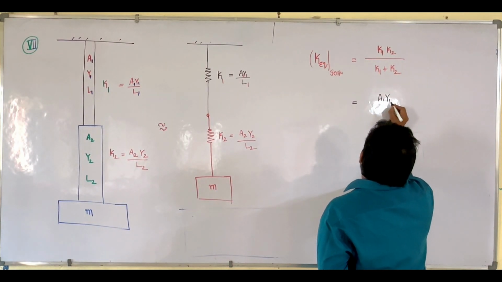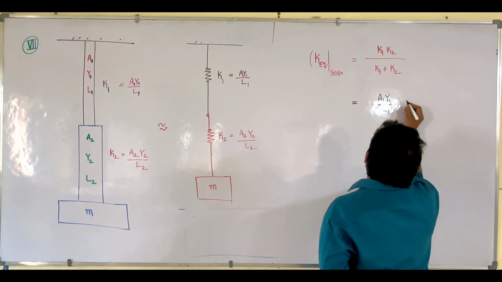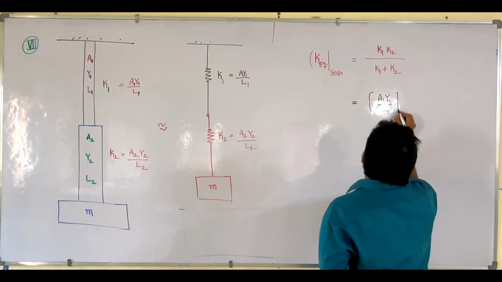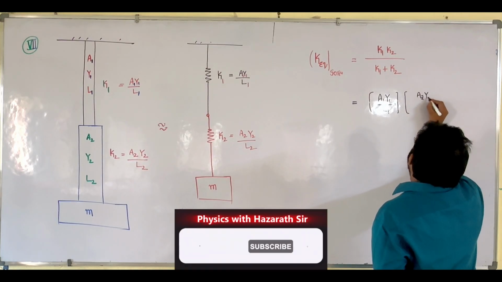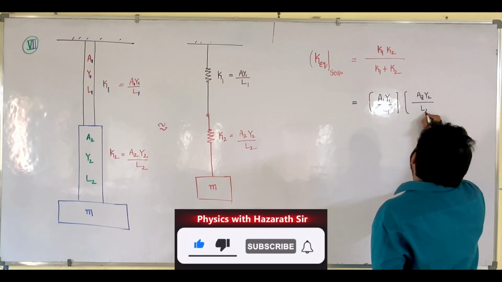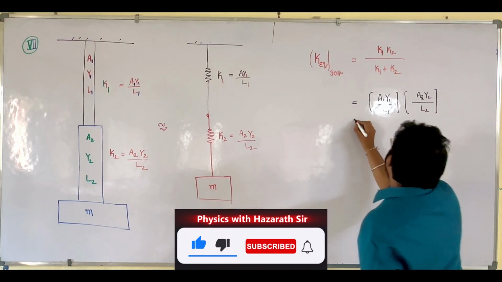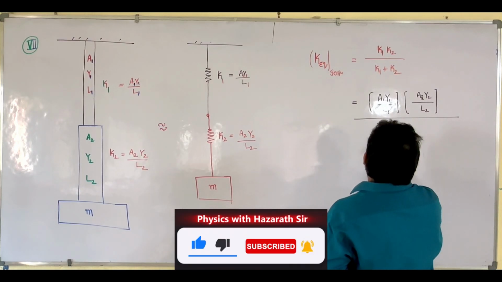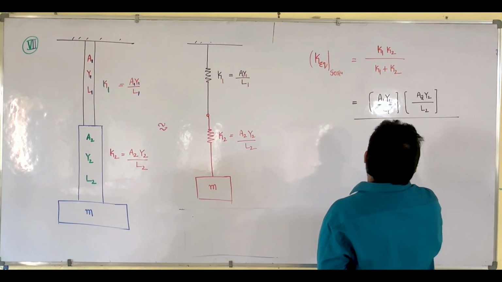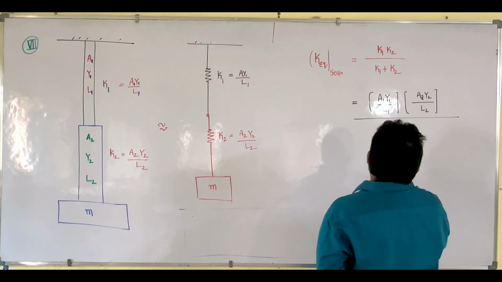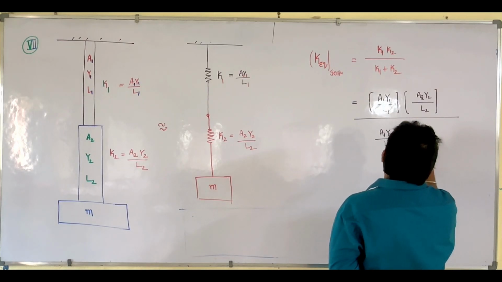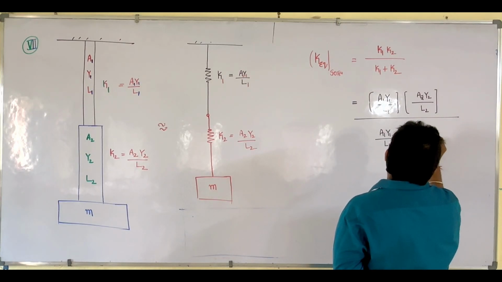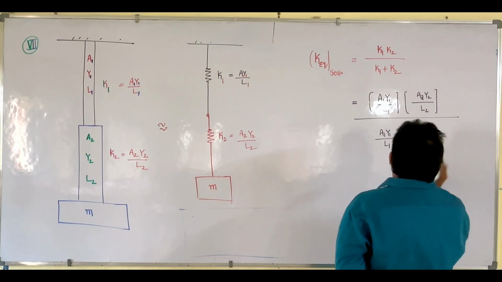A1 Y1 by L1 into A2 Y2 by L2, divided by A1 Y1 by L1 plus A2 Y2 by L2.